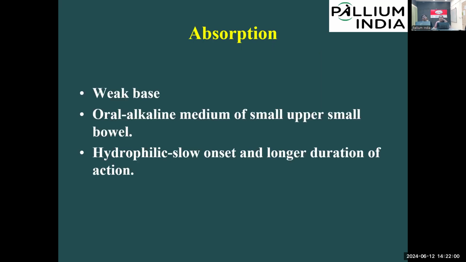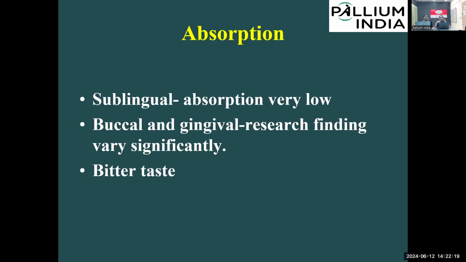Next slide, please. Morphine is a weak base, and when taken orally, it is absorbed from the upper part of the small intestine. Since it is hydrophilic in nature, the onset of action is slow and it has a longer duration of action. Among the other routes, the absorption is very low through the sublingual route.